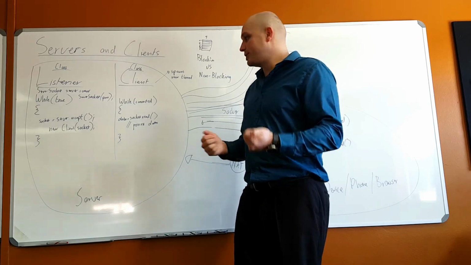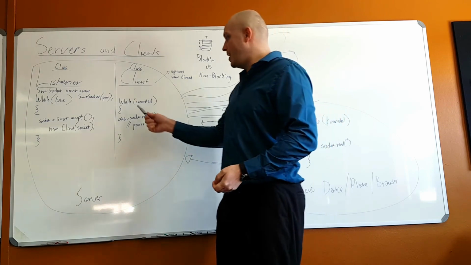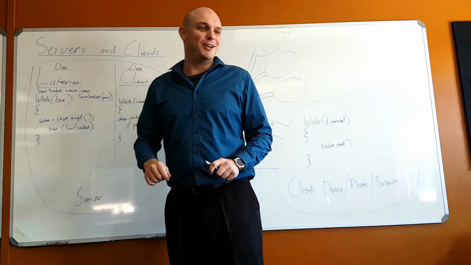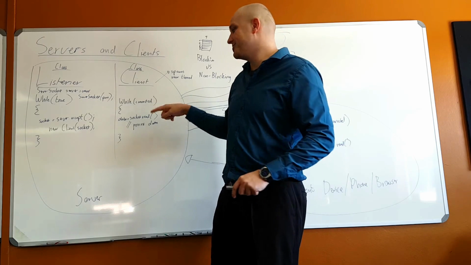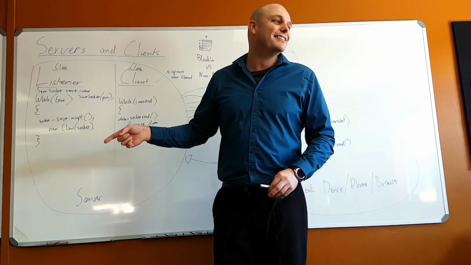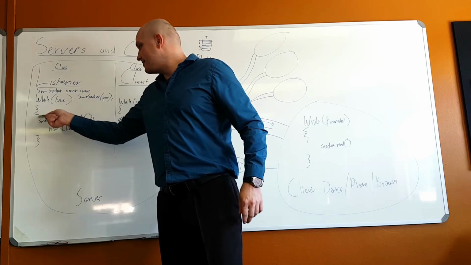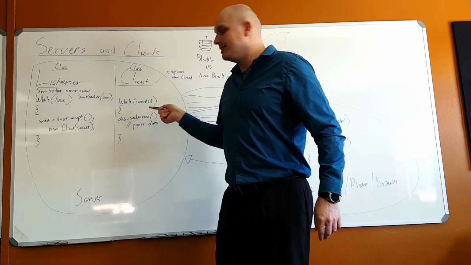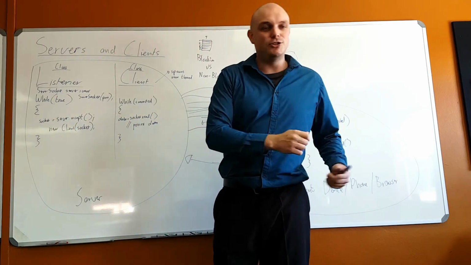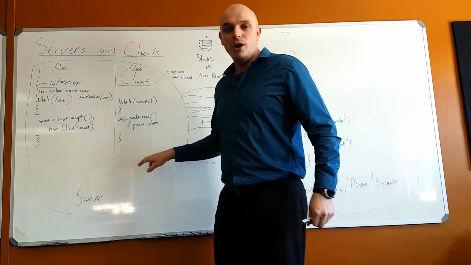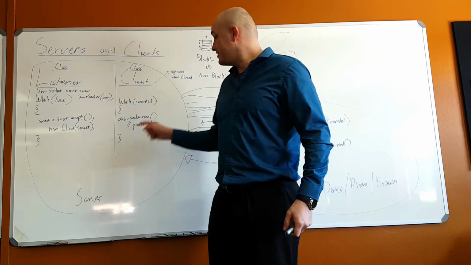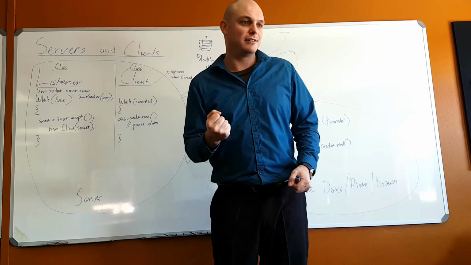When you look at the code, it can be confusing because there's no while loop here or here. You basically just start this class over and over, and you start this one over and over. So you always make sure that when you read or when you accept, there's another thread waiting right there. As soon as you read and you process the data, while you're processing, there's already another thread reading the next data coming in.